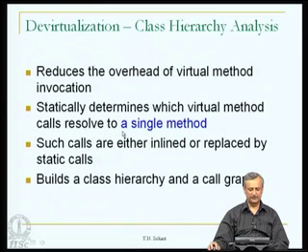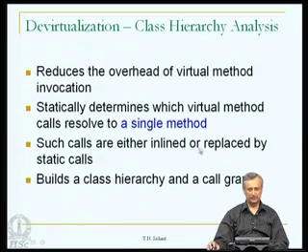Then we do not have to really use the virtual table, method table and call the method at all. We can actually replace it by a static call by putting the name of the class and the method directly. Such calls are either inlined or replaced by static calls. So, that is whatever resolves to a single method.